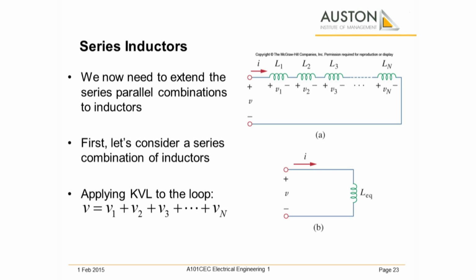Since they are connected in series, we can apply Kirchhoff's voltage law, or KVL, to the circuit. The total voltage V will then be equal to the sum of the voltages across each inductor, which means that V is equal to V1 plus V2 plus V3 plus V4 up to Vn.